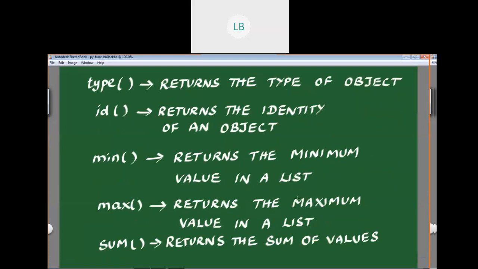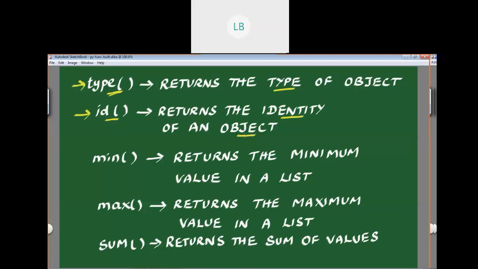The next one, you have the type function. This function returns the type of the object. Then you have the id function, identity. It returns the identity of an object.